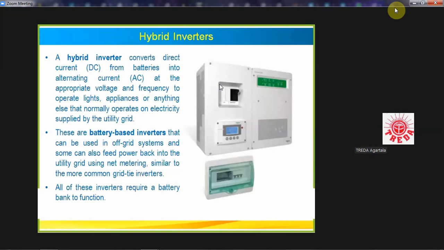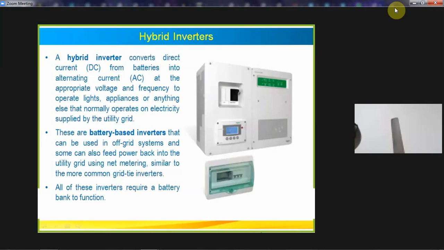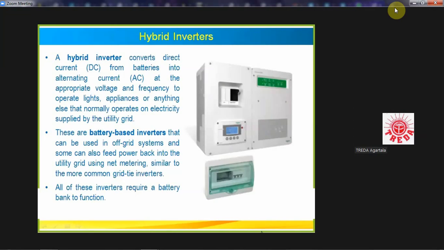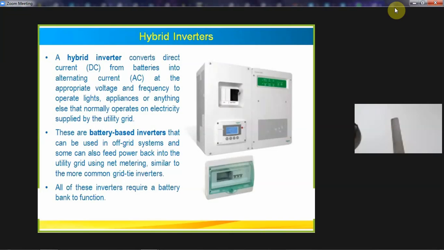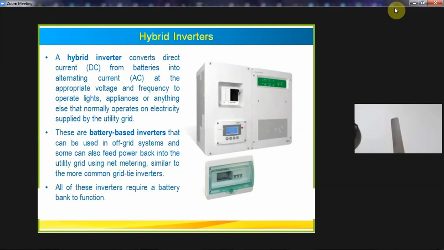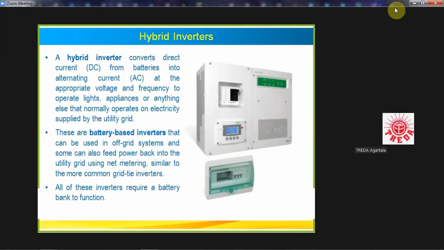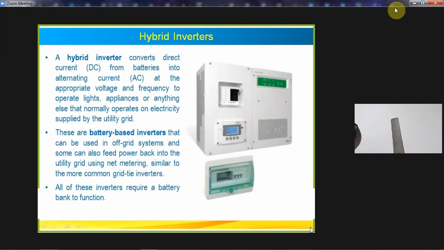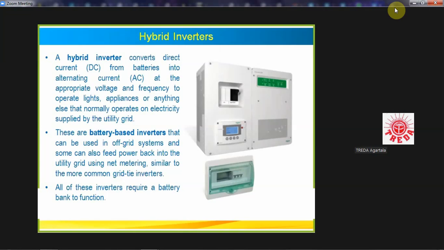If solar panel power is coming from one side and the wind power is coming from the other side, and these are going to the charge controller, the battery is being charged, and then this battery is supplying the DC power to the inverter, so that it can be converted from DC to AC.